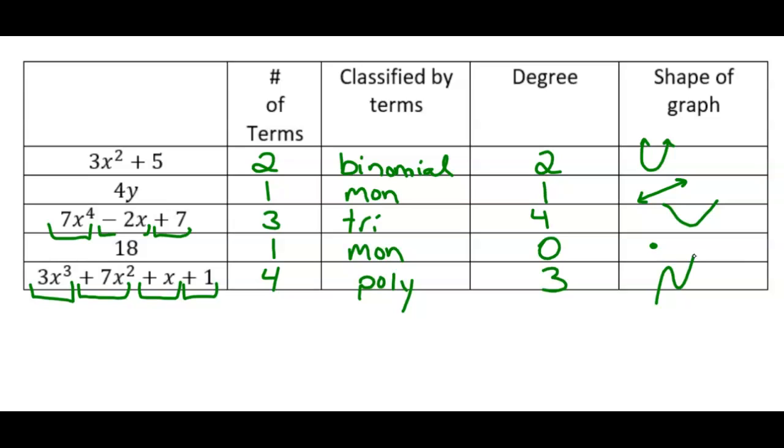So that is classifying by terms and classifying by our degree. And our degree, again, comes from the highest exponent in the polynomial, and the classification by terms comes from how many terms we have. So monomial, binomial, trinomial, polynomial.